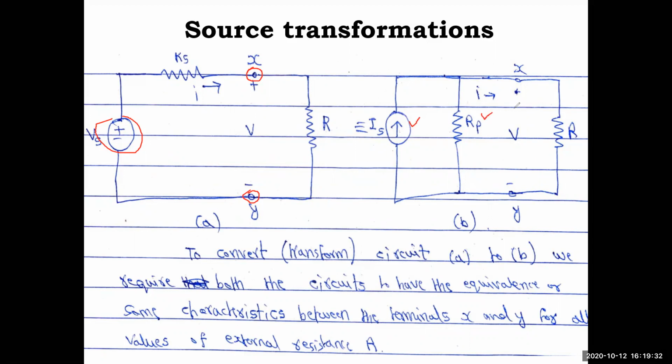This is the actual conversion: for the voltage source in series we denote Vs and Rs, and in the parallel case it will be Is and Rp. Now we have to check this.